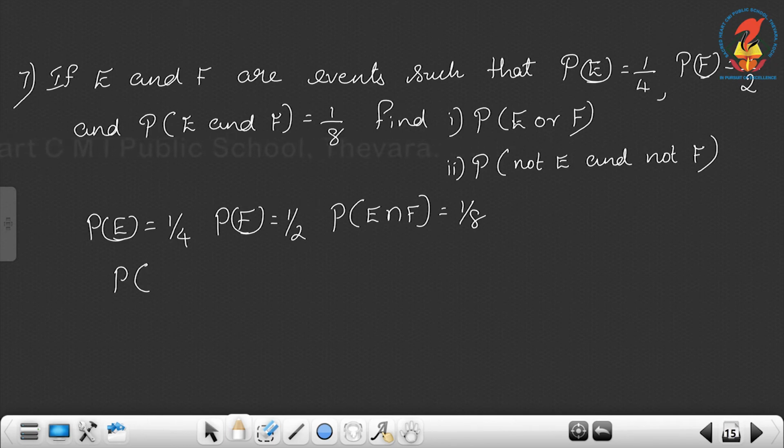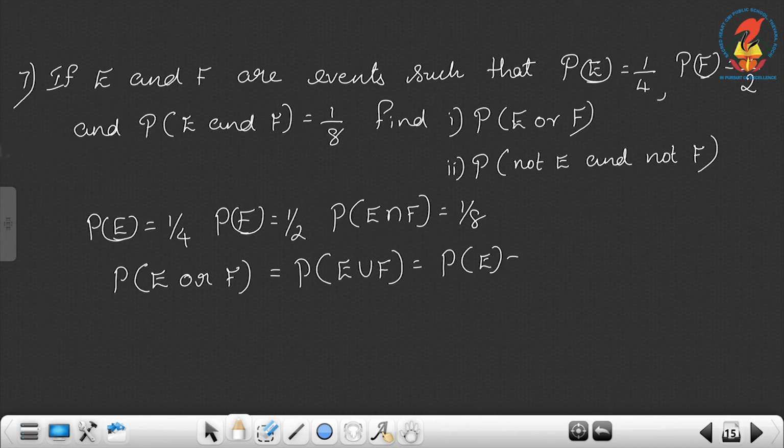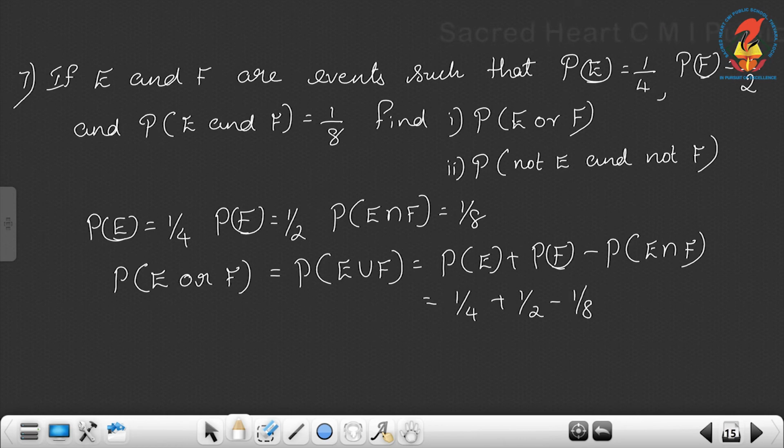Have to find P of E or F. What is the notation for or? Union, E union F. What is the formula? P of E union F is P of E plus P of F minus P of E intersection F. Now you substitute 1 by 4 plus 1 by 2 minus 1 by 8. So 8 is the LCM. 2 plus 4 minus 1, that is equal to 5 by 8.